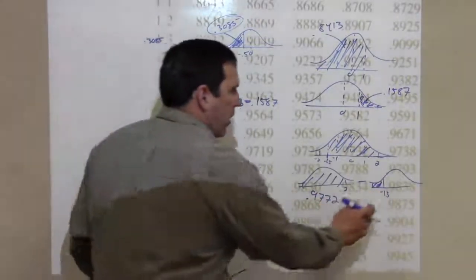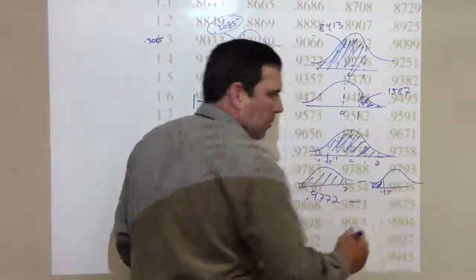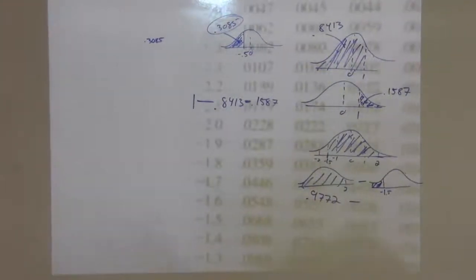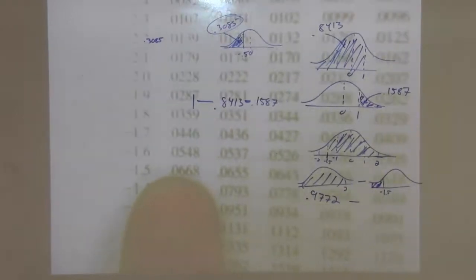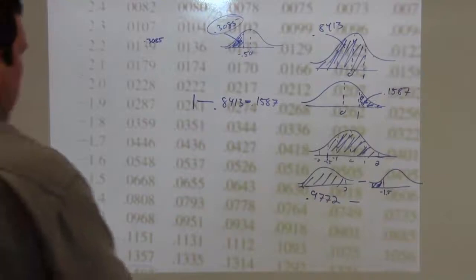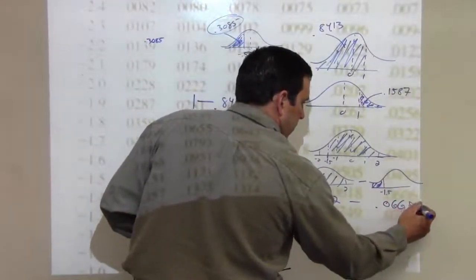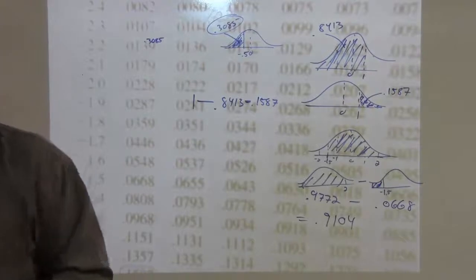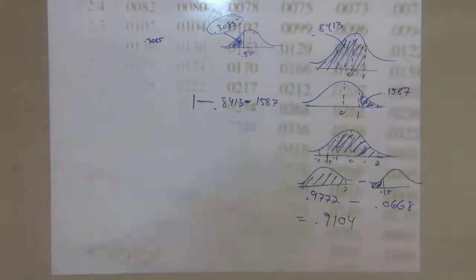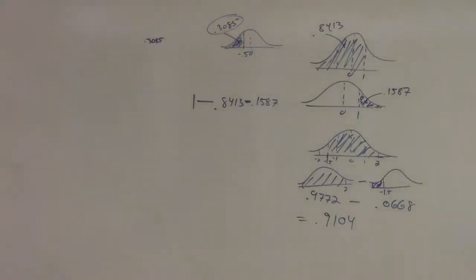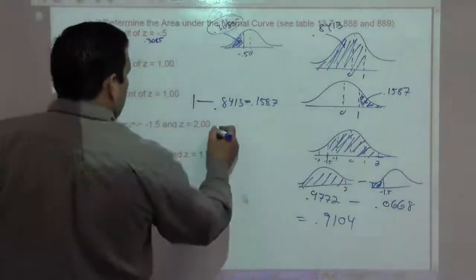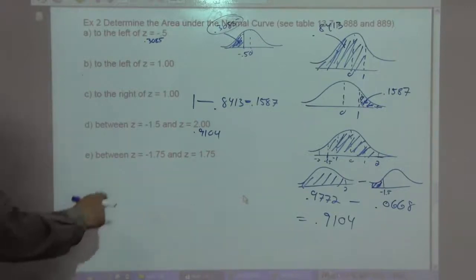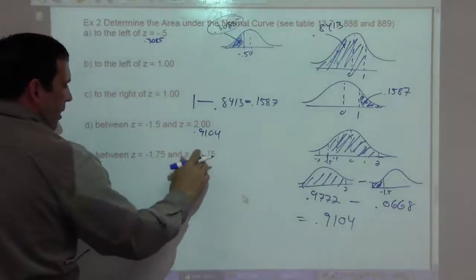And for negative 1.5, it's 0.0668. So that difference is going to be 0.9104. So this answer is 0.9104.